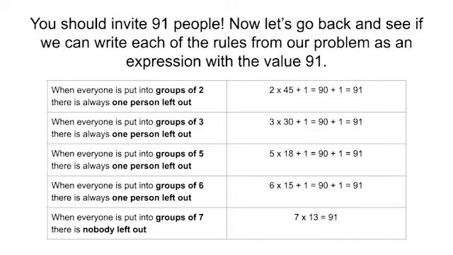As you can see, expressions are a really useful tool that we can use to turn words from a real-life problem into numbers that help us represent our situation in mathematical terms. In the future, you'll probably use expressions a lot to solve word problems in your math classes, and this is just the first step.